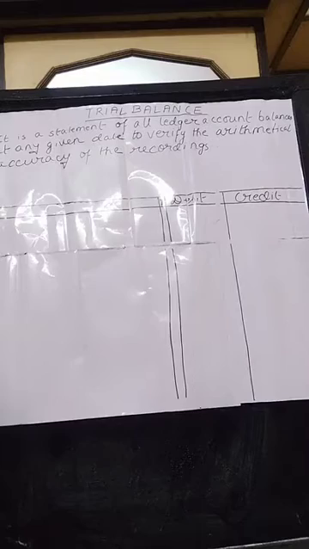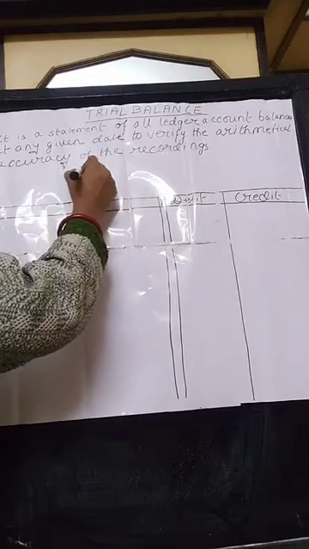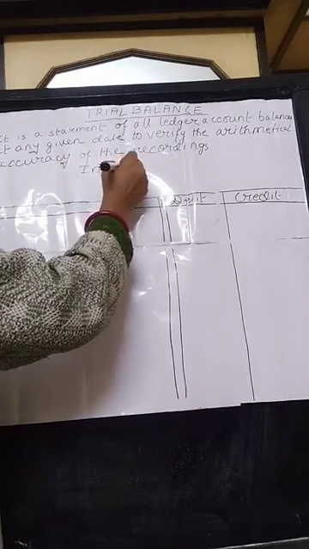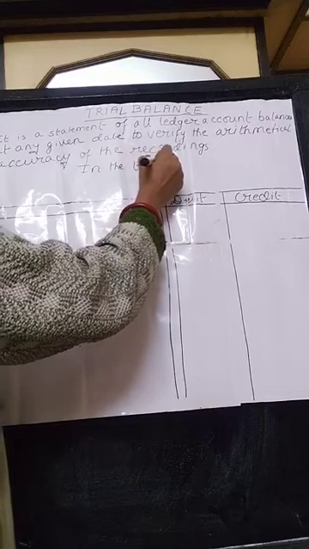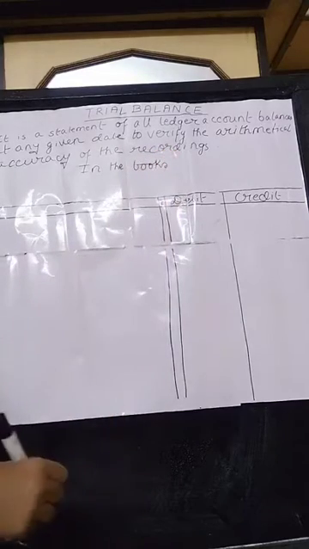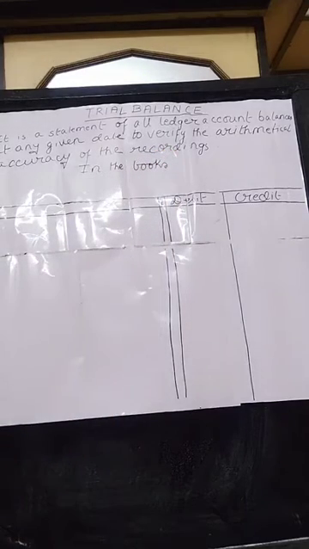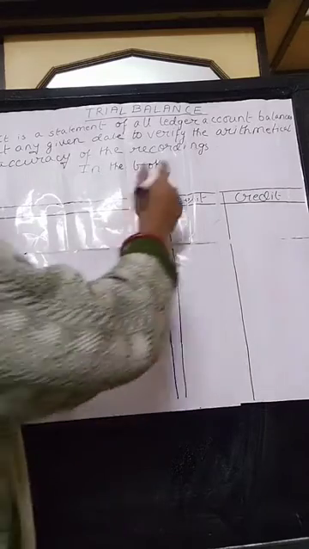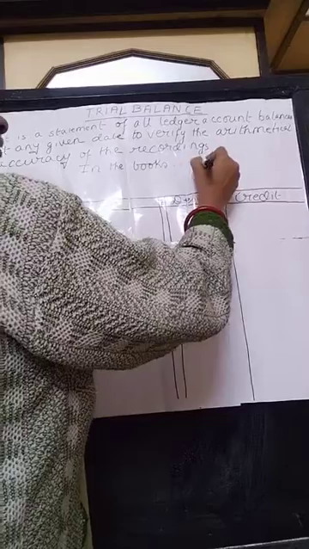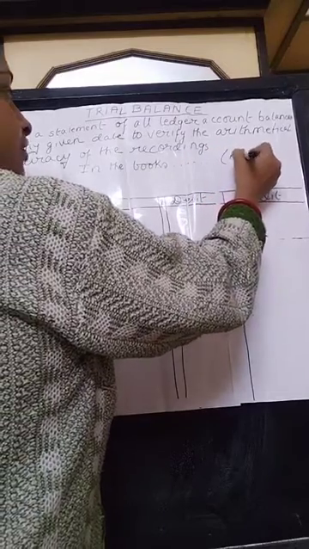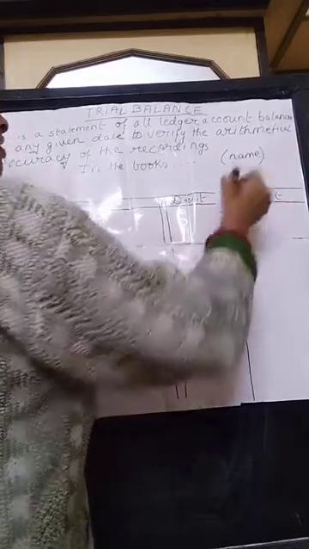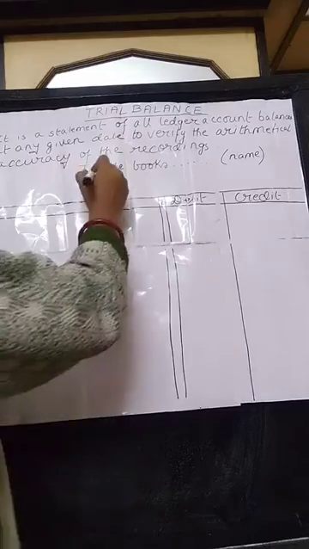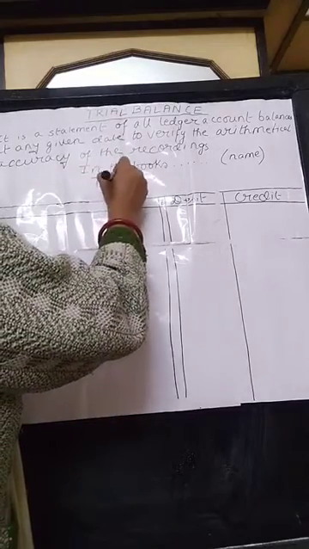And what will be the heading? Heading will be in the books of. Why? Because you have to prepare the trial balance of a particular trading concern or a particular trader. That's why you have to write in the books of the name of the concern, the trader's name. That you have to write in the first line. After that you have to write trial balance.